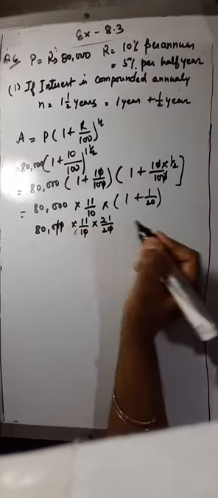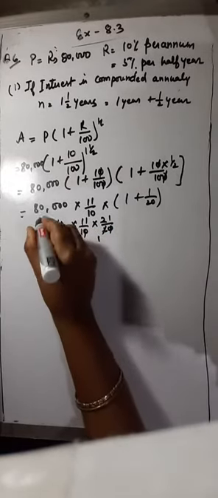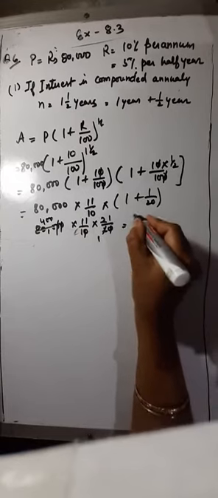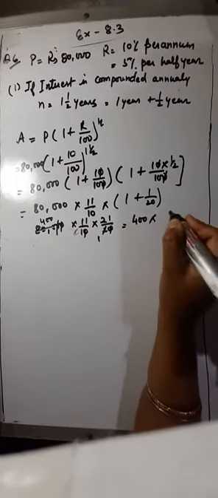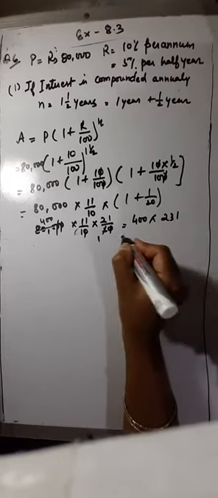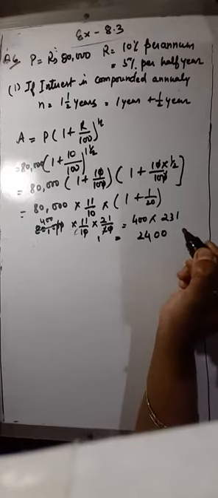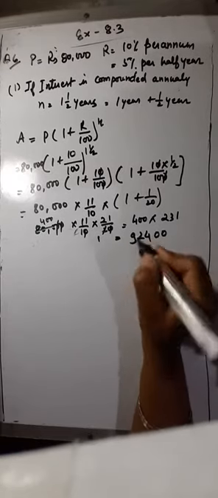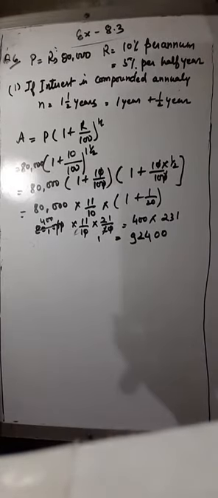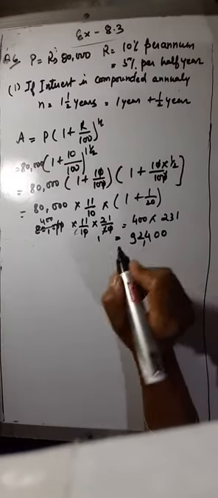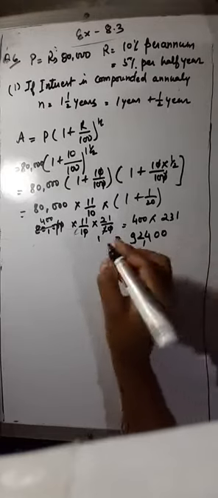We cancel 2 zeros, 2 ones are 400. This is 400 into 11 ones are 11, 11 22, 23 is 92,400. Amount is 92,400.